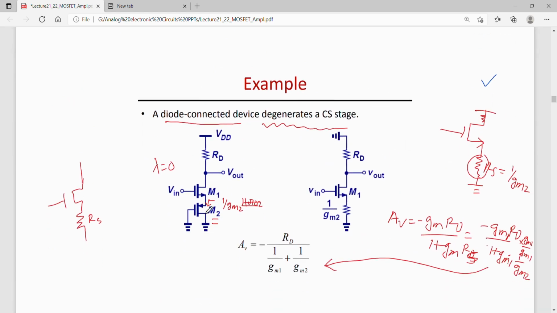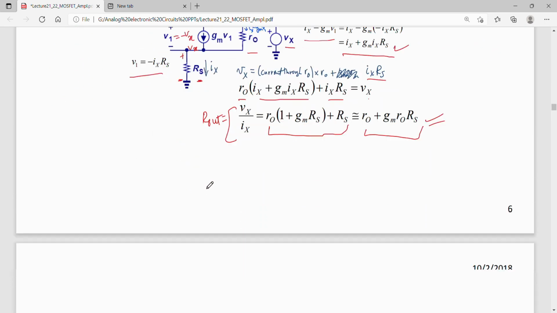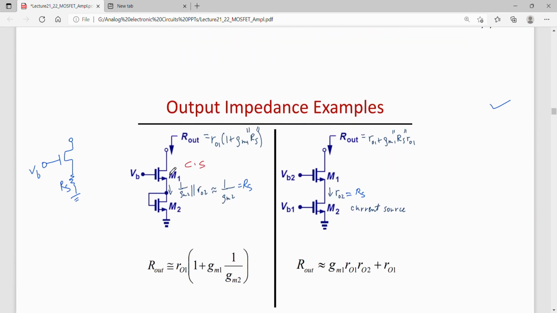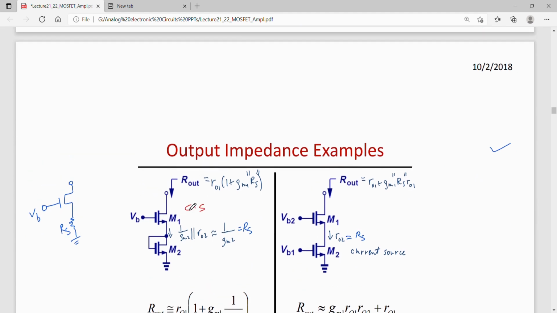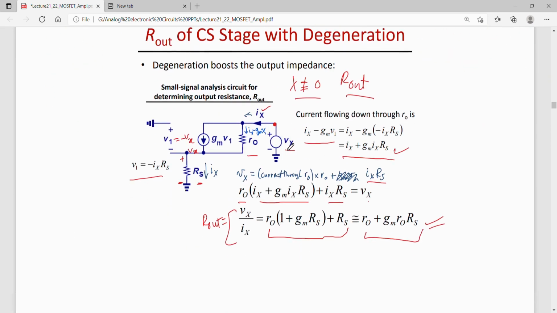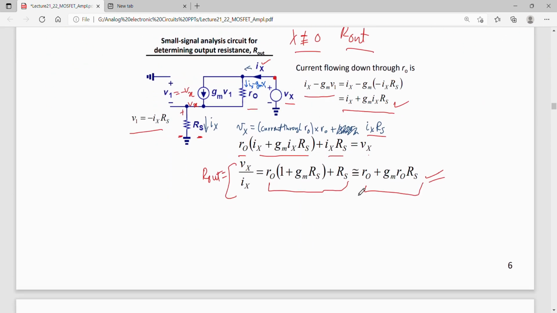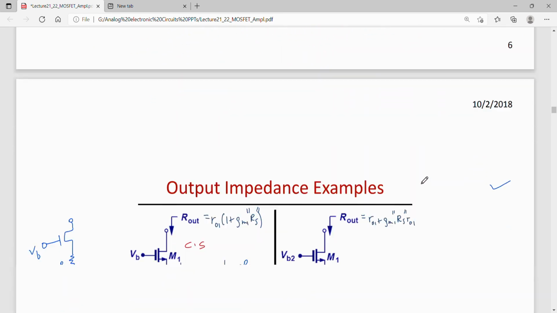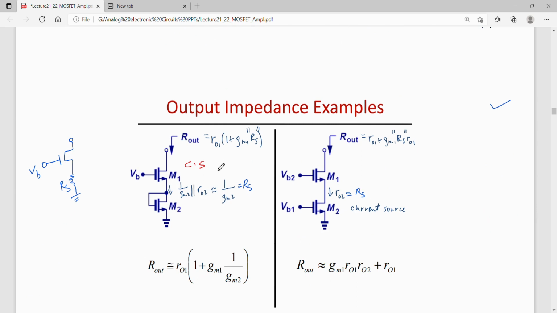The output impedance of this circuit would be similar, except RD is not present there. So the output impedance of this circuit is R0 plus gm R0 Rs. So for this circuit also, the output impedance will be R01 plus gm1 R01 Rs. So this is valid for this circuit also.